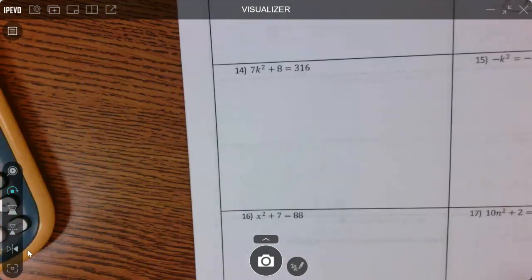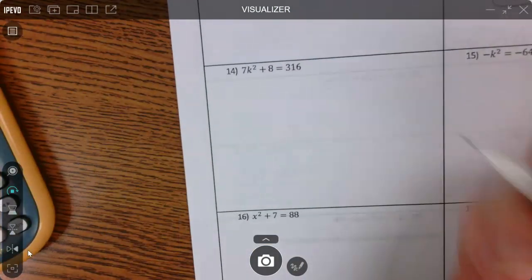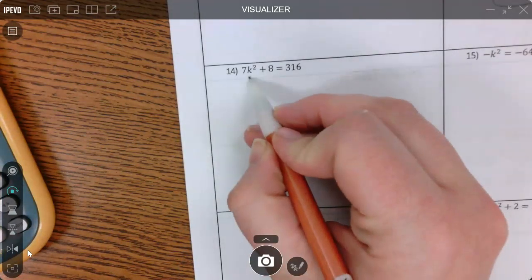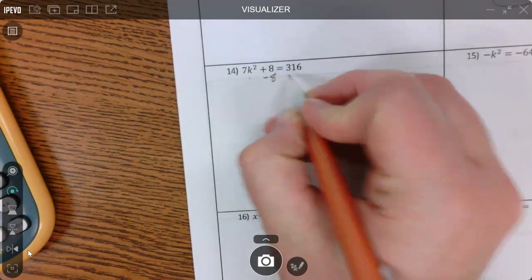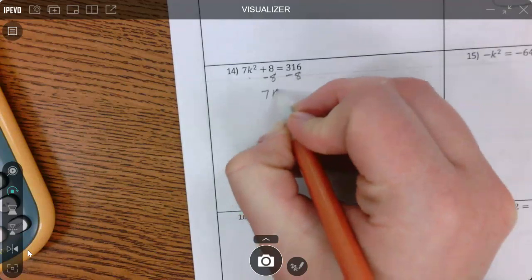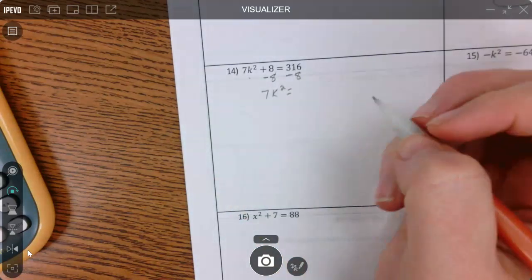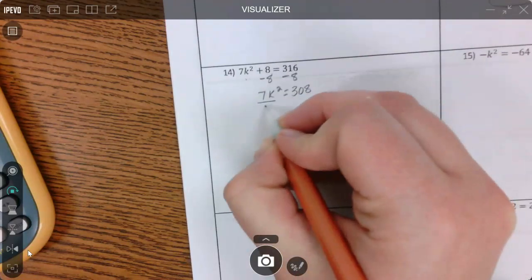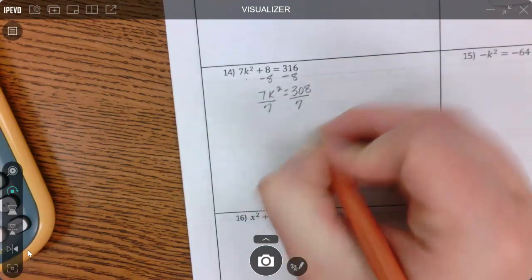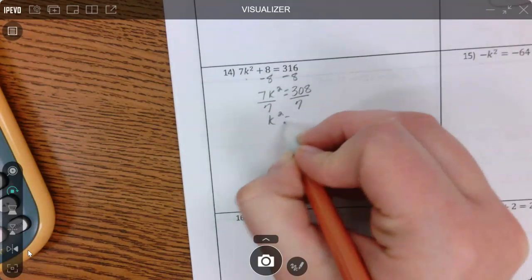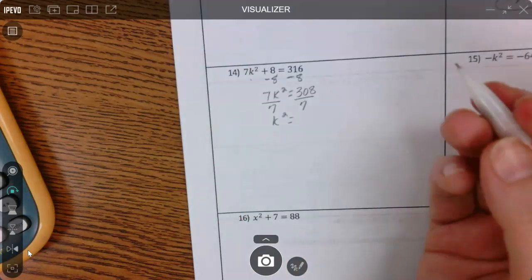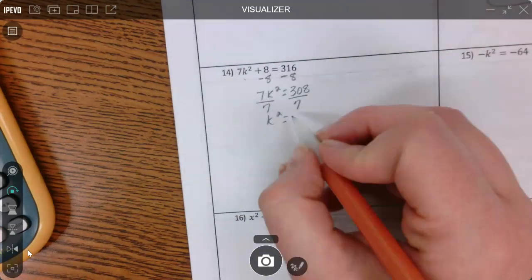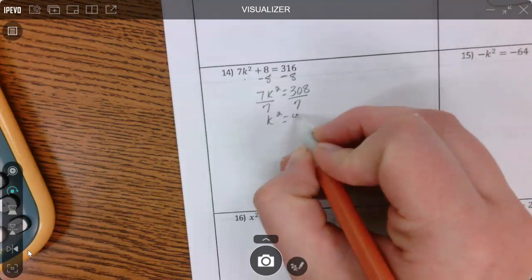Okay, number 14. Again, we have to do a little bit of work to isolate this k squared. We're going to subtract 8 on both sides, so you get 7k squared equals 316 minus 8, which is 308, and then you have to divide both sides by 7. So we have k squared, and then 308 divided by 7 is 44.